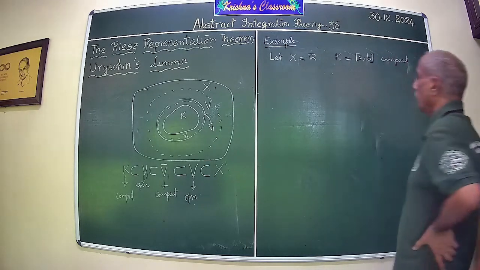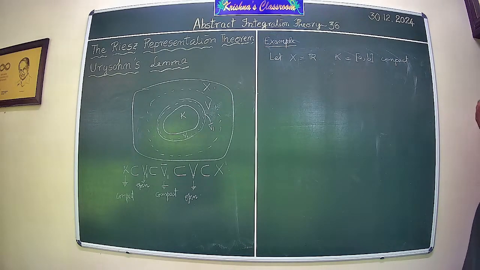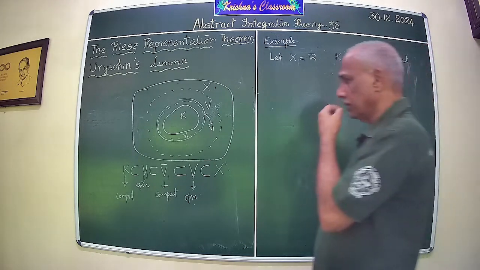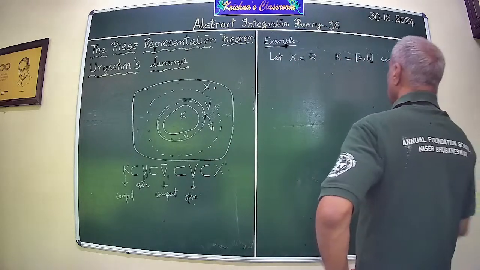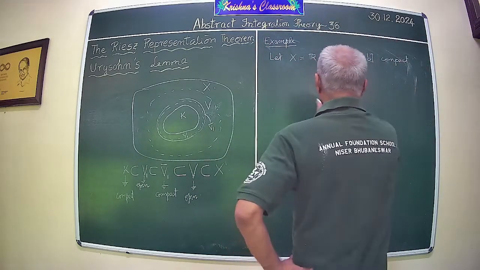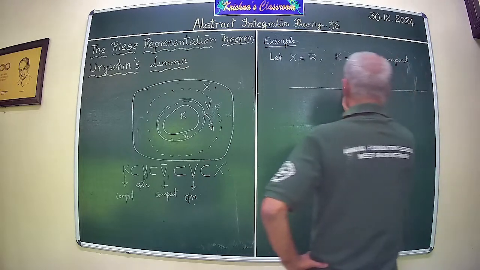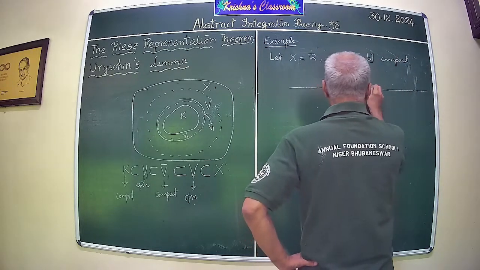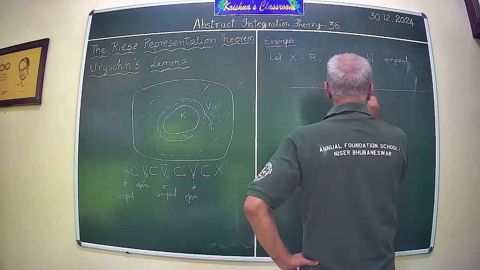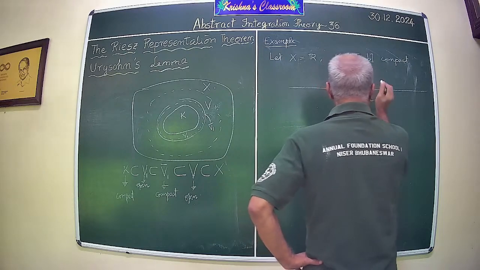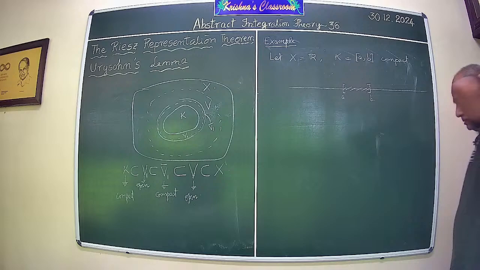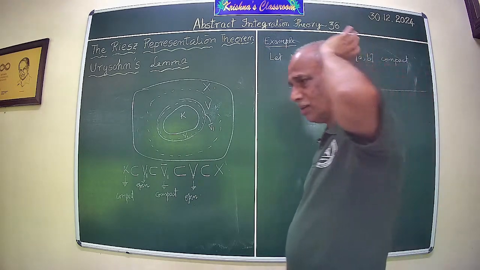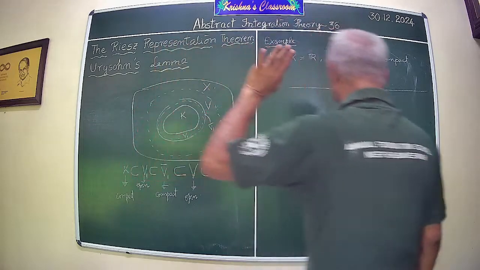R, being a locally compact Hausdorff space, now you see that this is the interval AB. This is the compact set. Not all compact sets are closed and bounded intervals, but all closed and bounded intervals are compact sets.